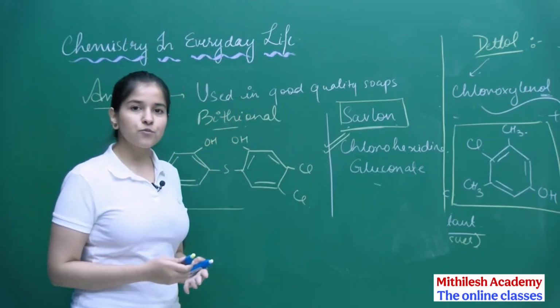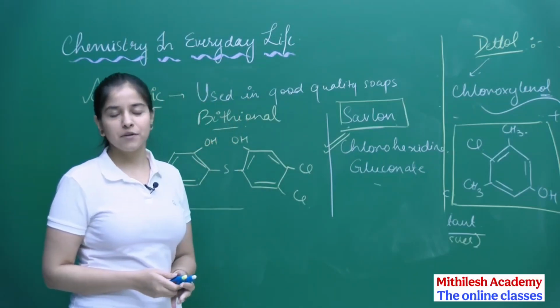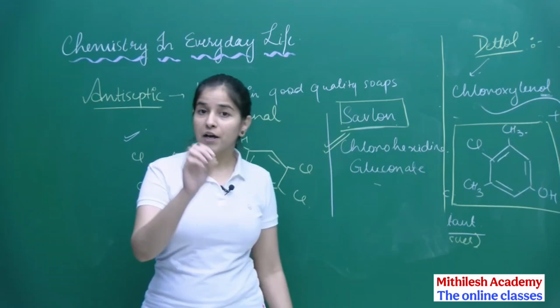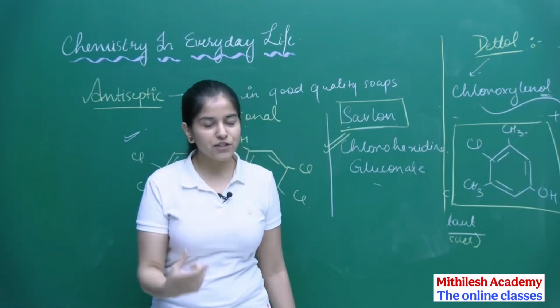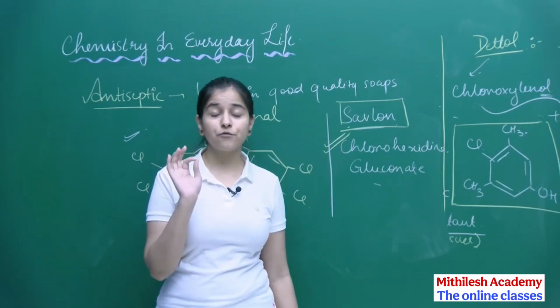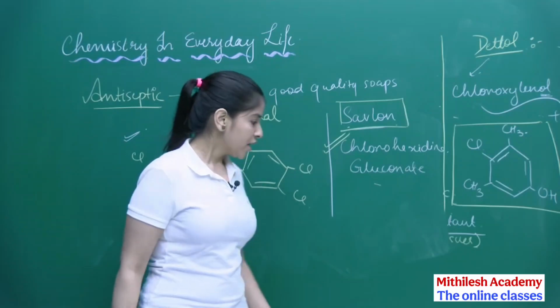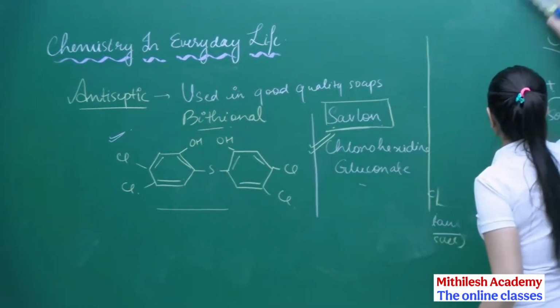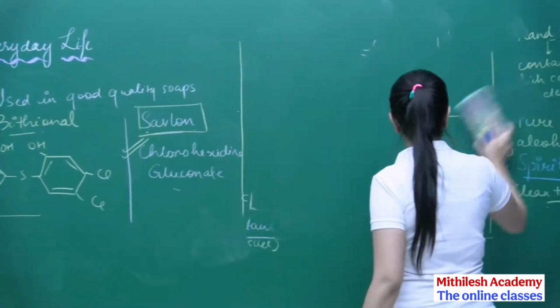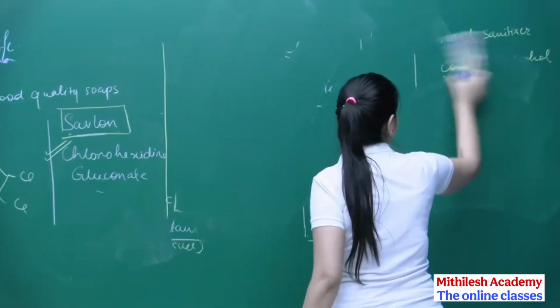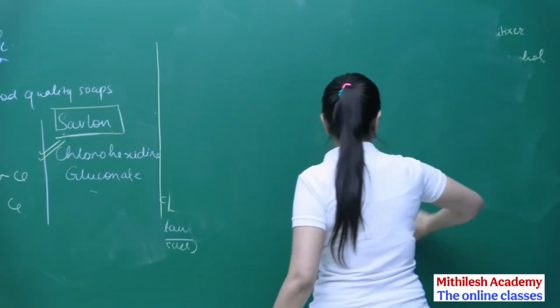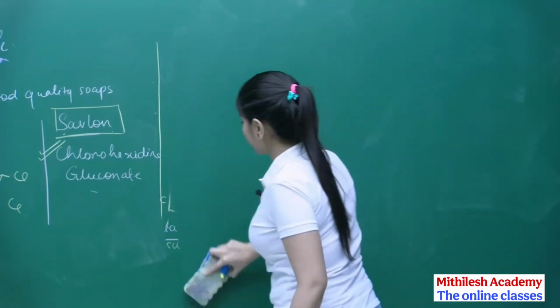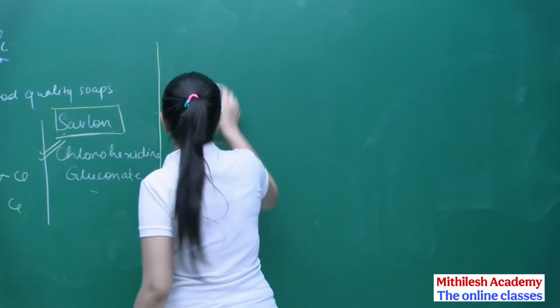So now let's move on to another kind of antiseptics that we have. One is iodine solution. So iodine solution can also be used. It's a very good antiseptic. So you might have heard about the tincture of iodine. That is used as a very good antiseptic.